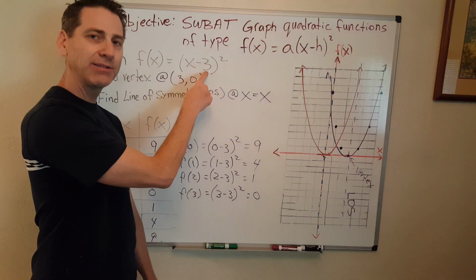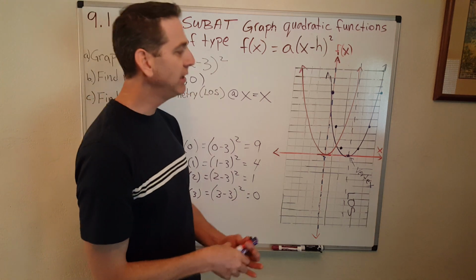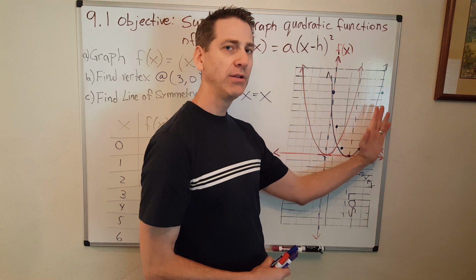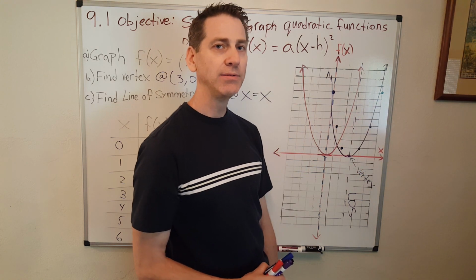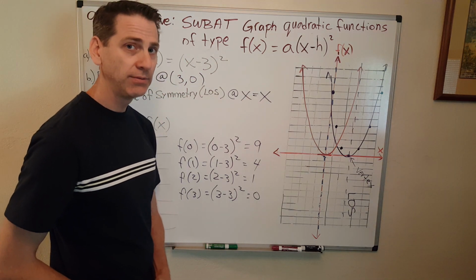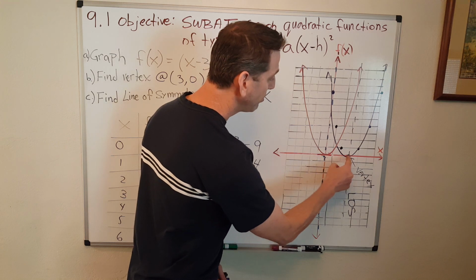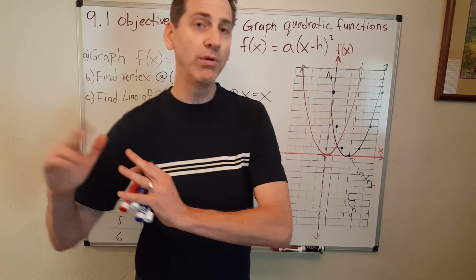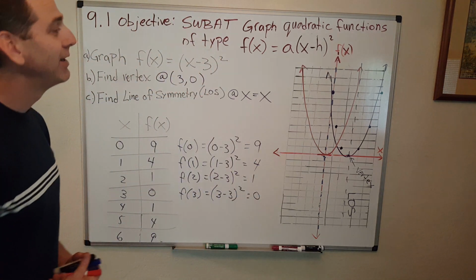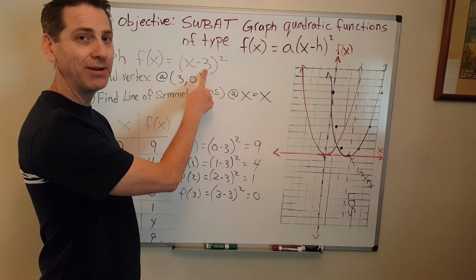But what happened because of that minus 3? Well, you can see that my parabola shifted to the right. It shifted to the right how much? It shifted, well, 1, 2, 3. The vertex went over plus 3. Okay? So that's because of that 3 right there.